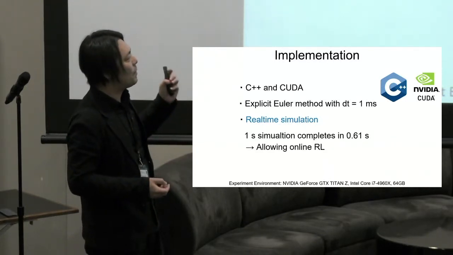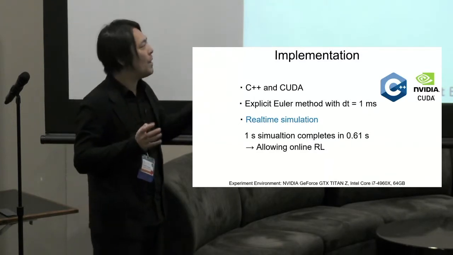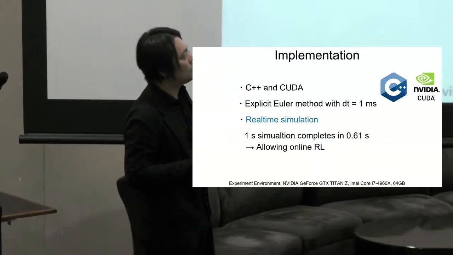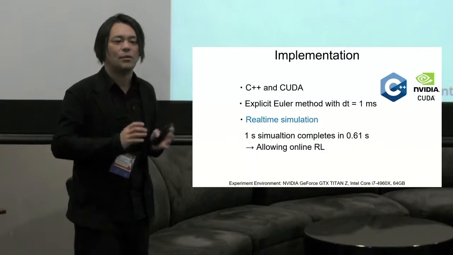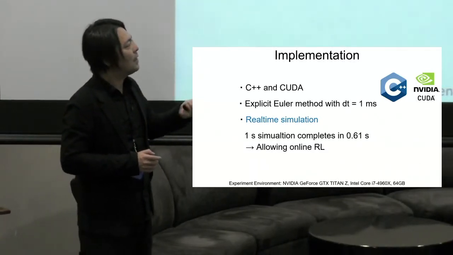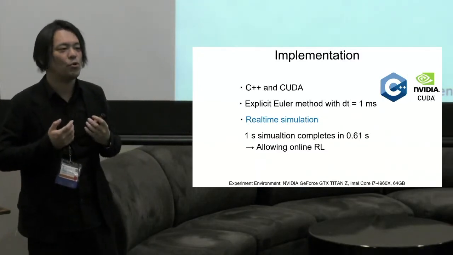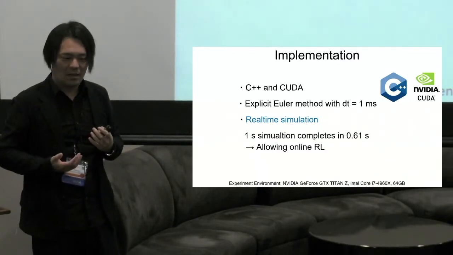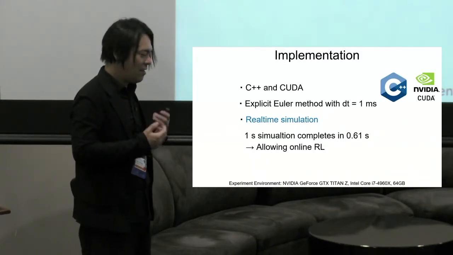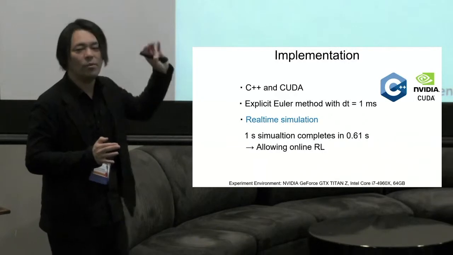Actually, our model calculates the neural activity for 1 second within 0.61 seconds, so slightly faster than real time. This property allows us to perform reinforcement learning online, which means that learning proceeds simultaneously during the behavior. That's a very important point.